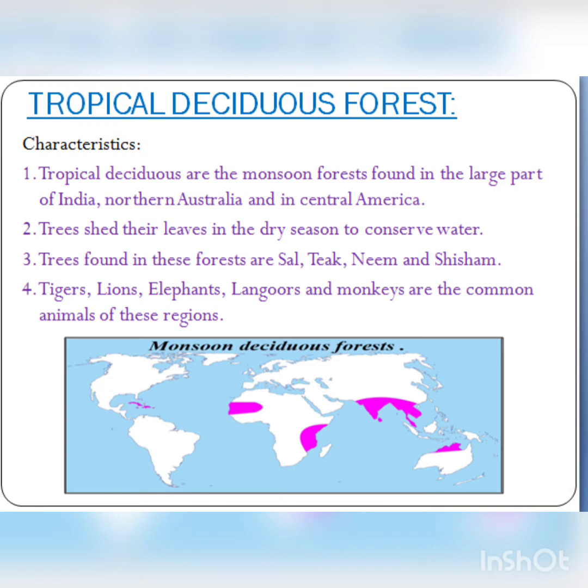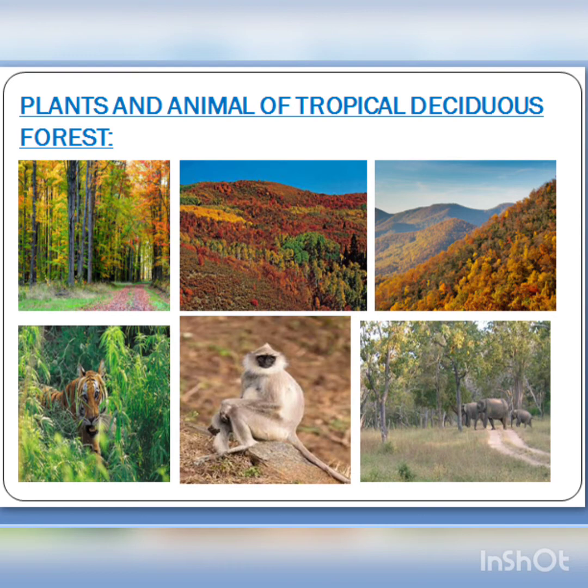Trees found in this forest are sal, teak, neem, and sesame, and the animals found in these jungles are tigers, lions, elephants, langurs, and monkeys. In the map you can easily observe the pink colored regions representing monsoon deciduous forest of the world.